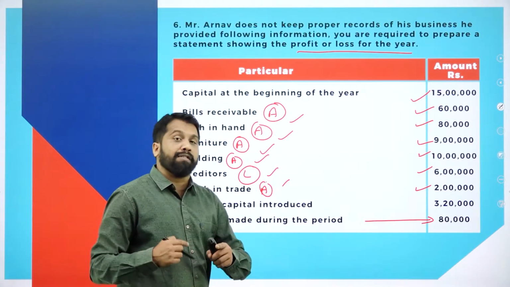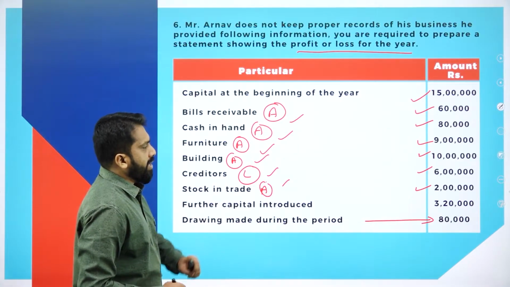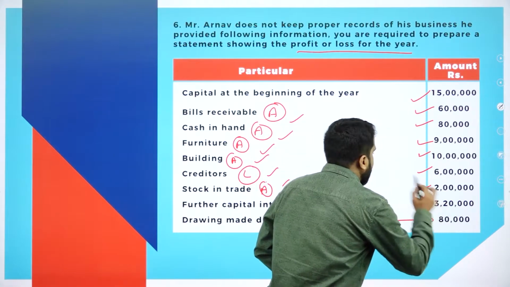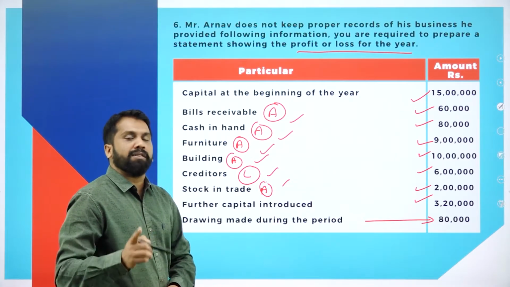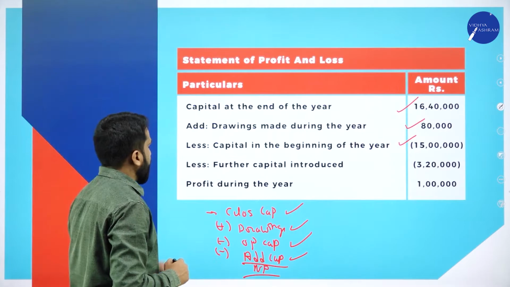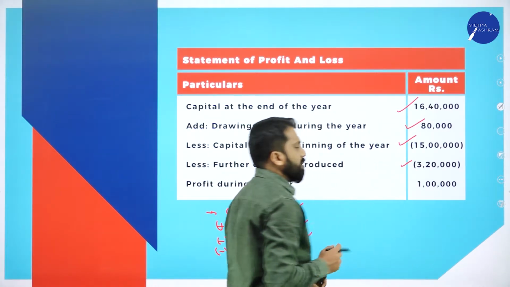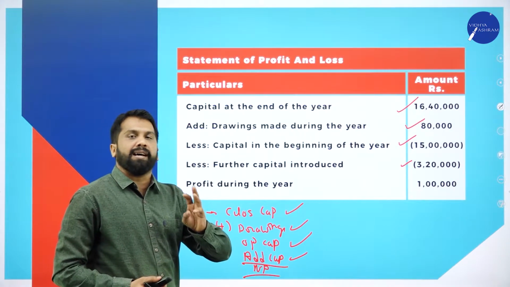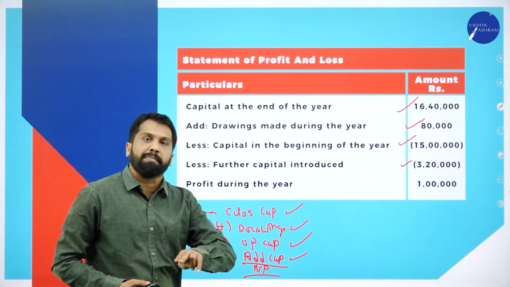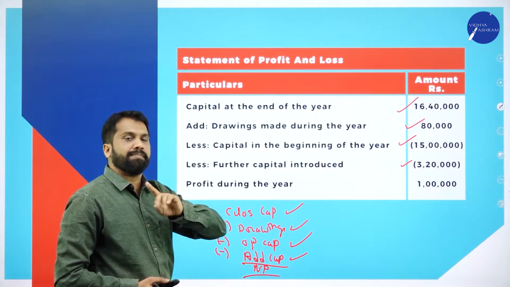Further or additional capital, both are the same. Further capital introduced is 3,20,000. We will consider that. Remember, opening capital and further capital are always minus. Drawings always add. Clear?